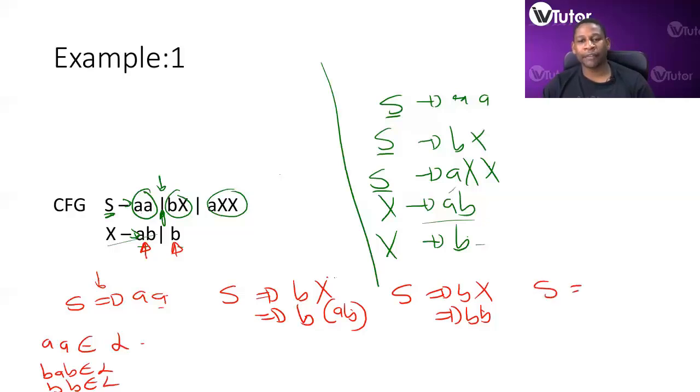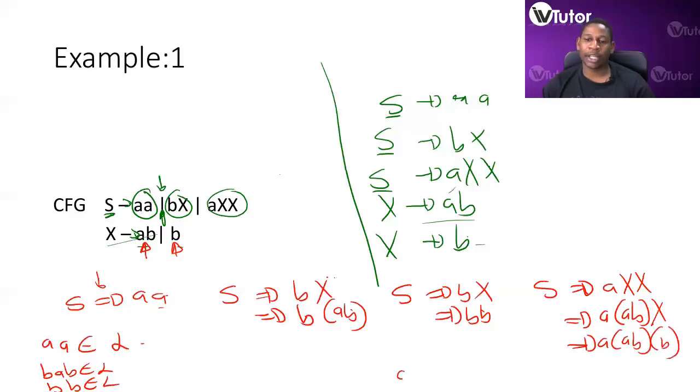Or we can also have AXX. The first X can maybe go to AB, and then the second X can go to B. Then we can have ABB as an element of the language.